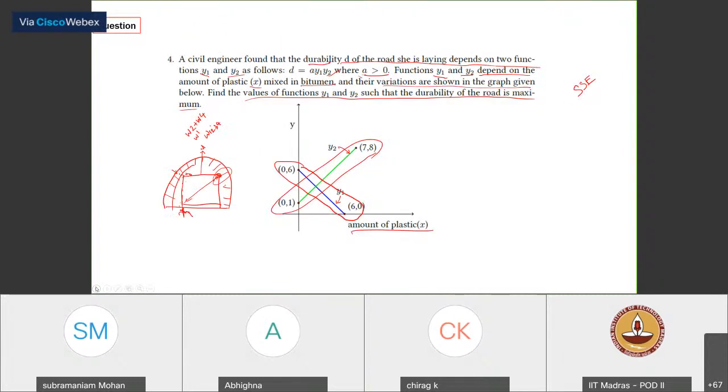No, sir. Now, this is the green line. Green line is 8 minus 1, that is 7 by 7, which is 1. So the green line is y equals x plus 1, because c is the y-intercept, that is 1.